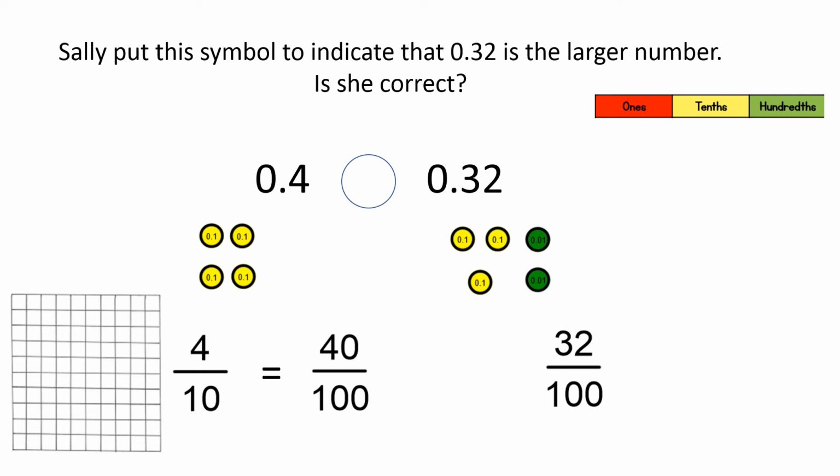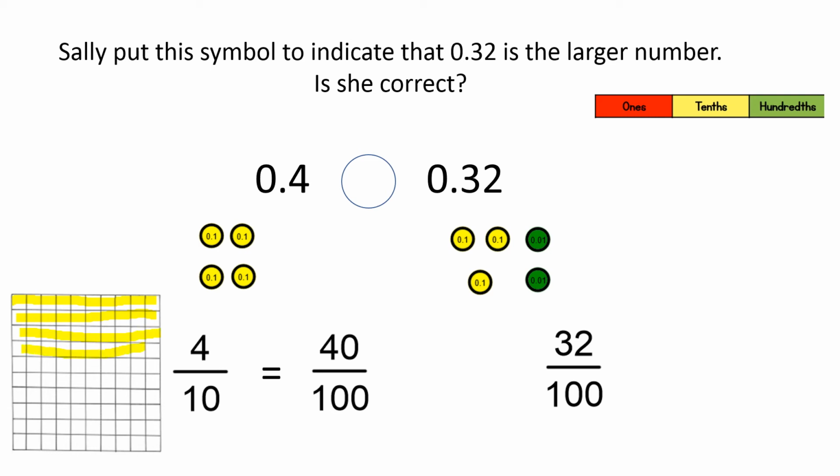Let's see why. So what does 0.4 represent? It's 4/10, and in hundredths is 40 hundredths. So remember our equivalent fractions. If we were to represent this on a 100 grid, it would be 1, 2, 3, and 4.